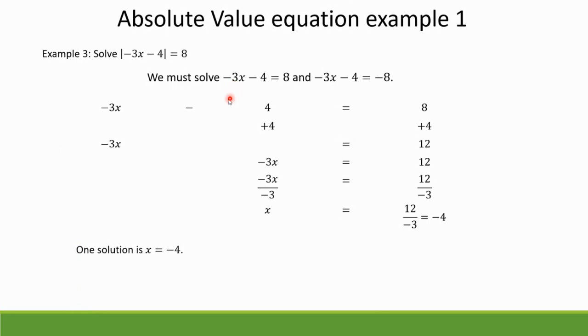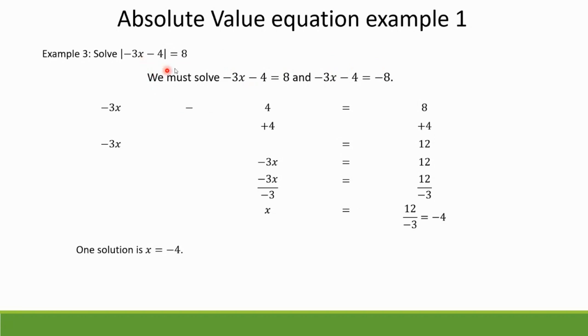All right. So we're going to solve this absolute value equation. Now, remember, with absolute value, what you're going to get is two equations to solve. Namely, you have the absolute value of something equals 8, so this something equals 8 and this something equals -8.